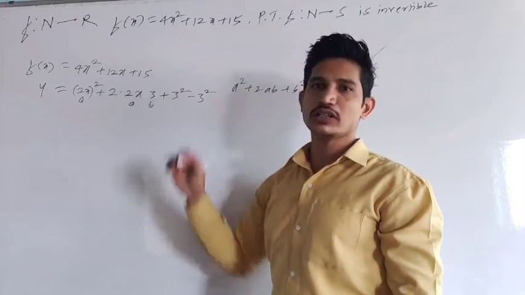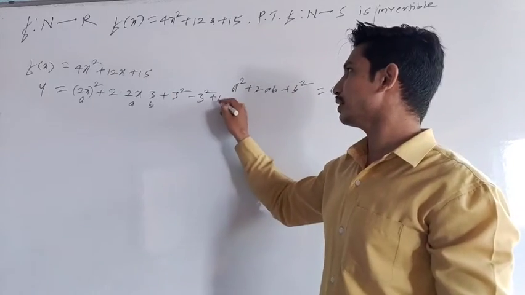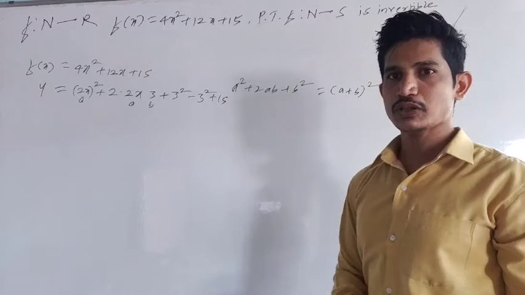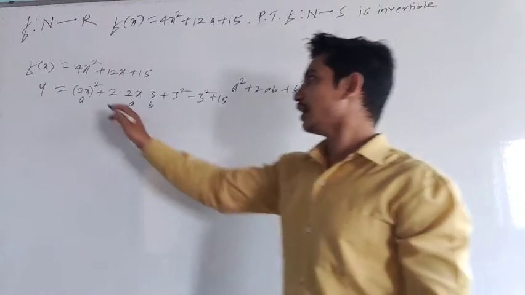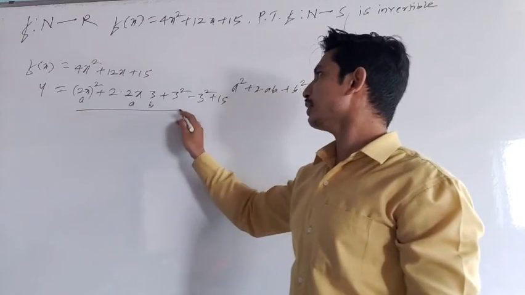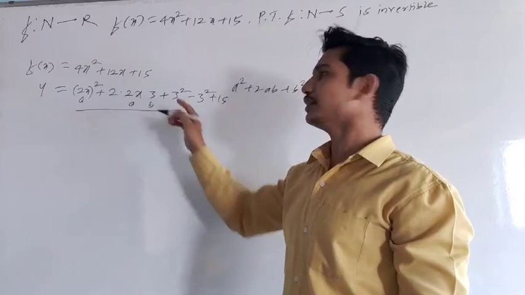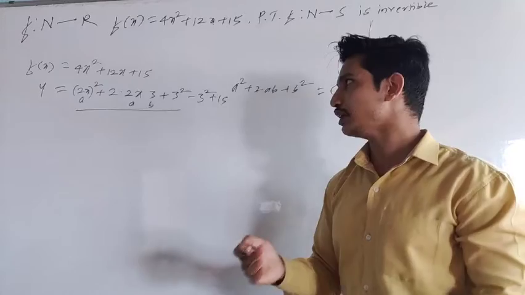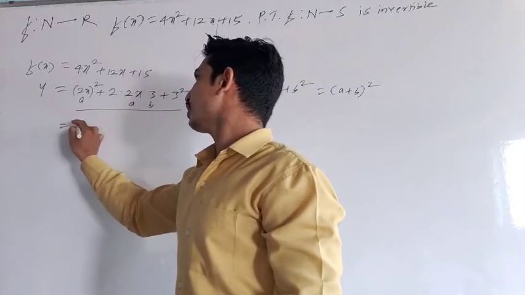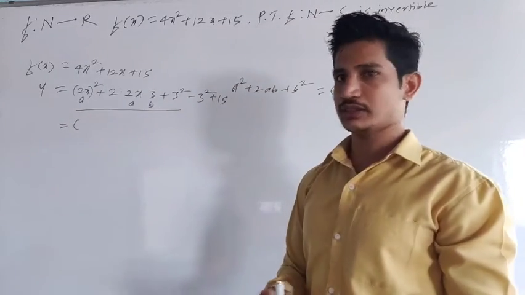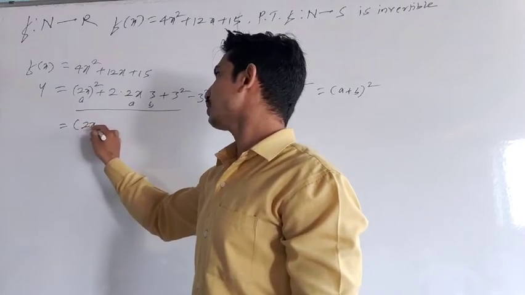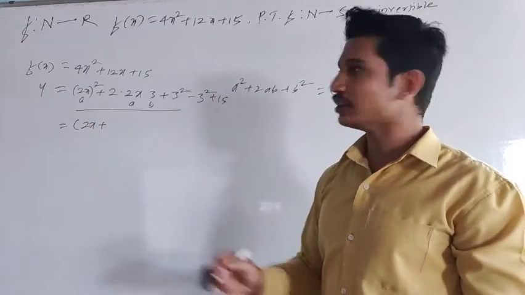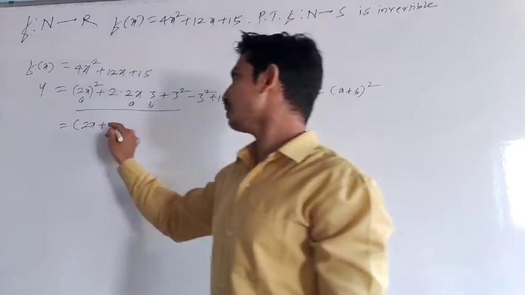Now the last number is plus 15, so write plus 15 here. Now see, a square plus 2ab plus b square is a plus b the whole square. Here a is 2x and b is 3.